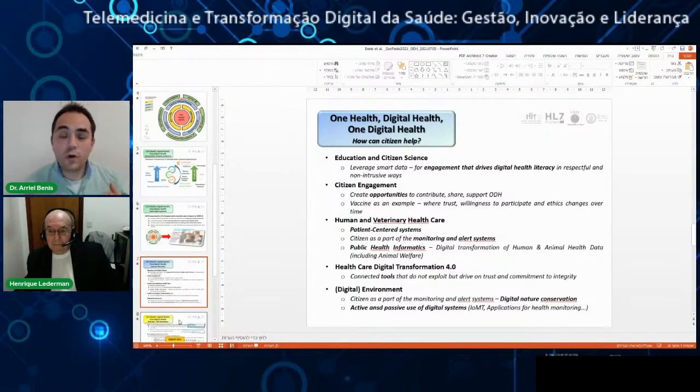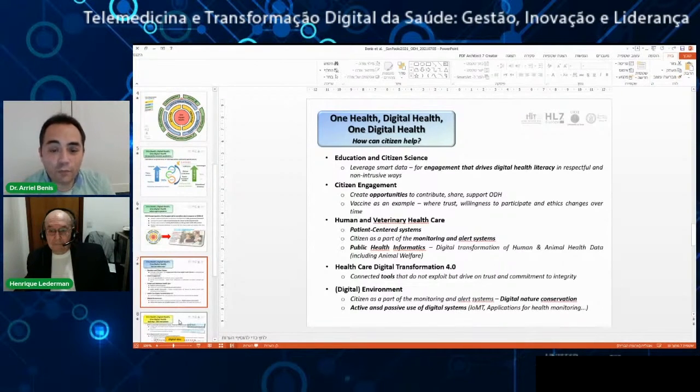We need to enhance and to engage citizens in health literacy. Citizen engagement also allows them to learn more about their condition and how they can impact public health. For example, why it's important to be vaccinated.